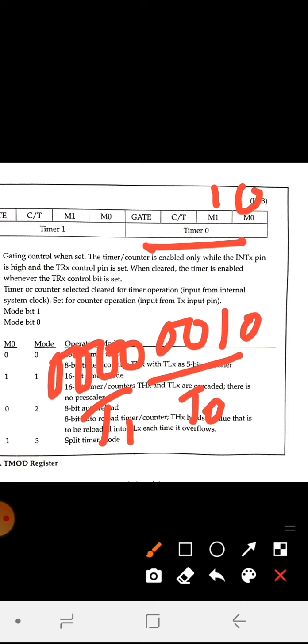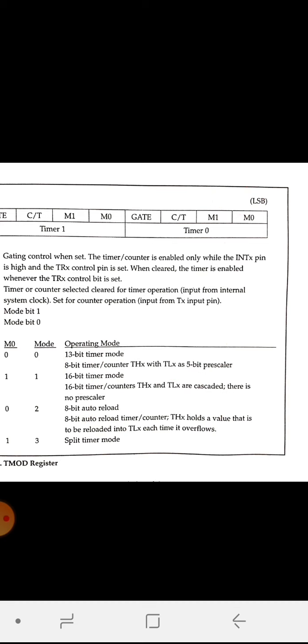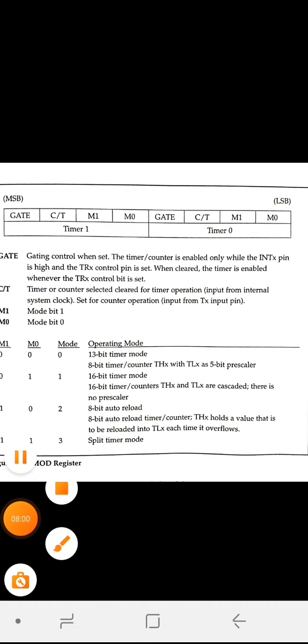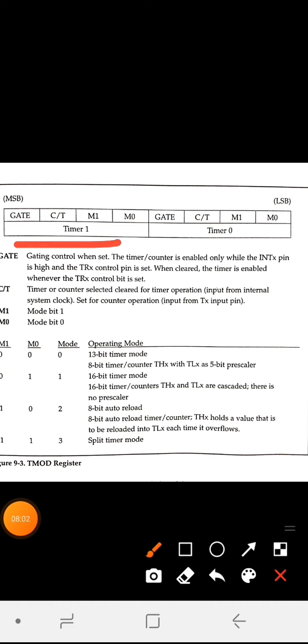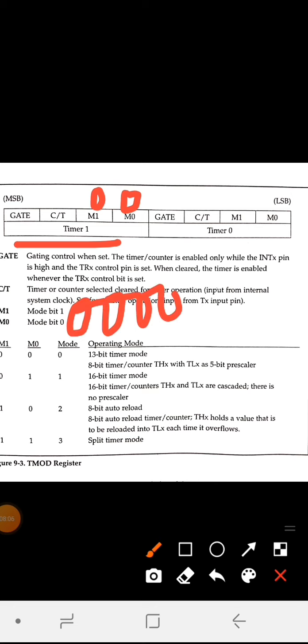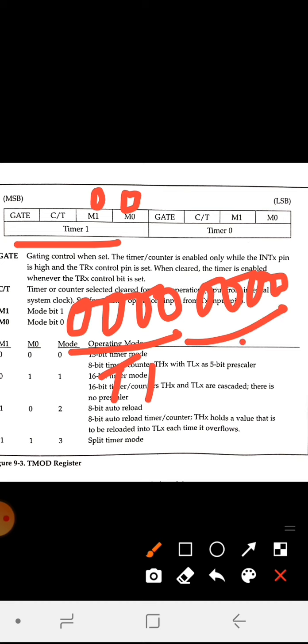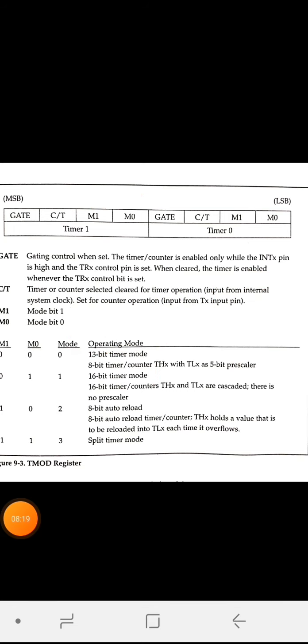Similarly, for mode 0 of timer 1, in the timer 1 section, mode 0 means both bits will be 0, 0, then 0, 0, 0, 0 for timer 1, and of course the lower bits will also be 0. Right, this is how you can find the values of TMOD to operate as timers.